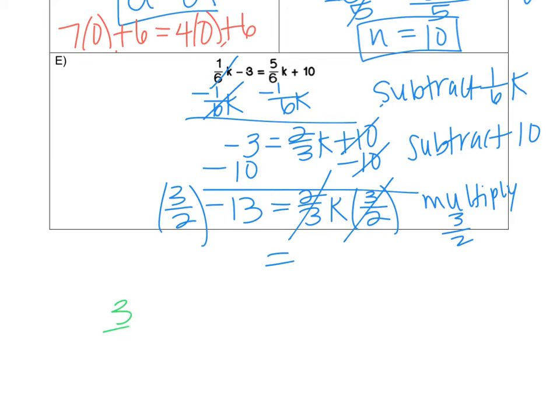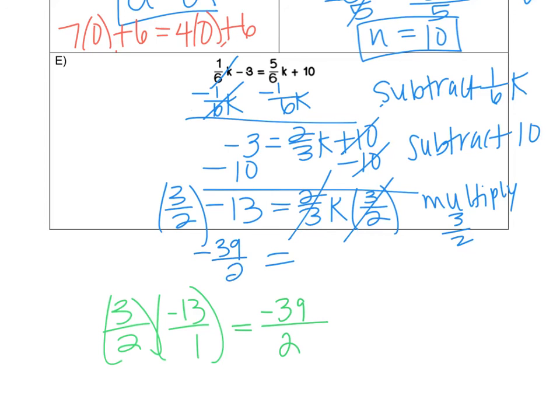Well, if we're going to multiply fractions, this would turn into 3 times -13, which is -39. And then 2 times 1 is 2. So we would get -39 halves, so -39 over 2 would equal k.